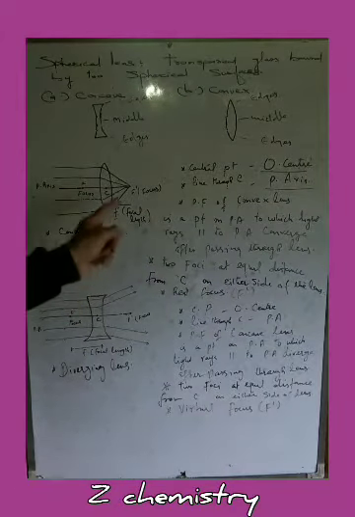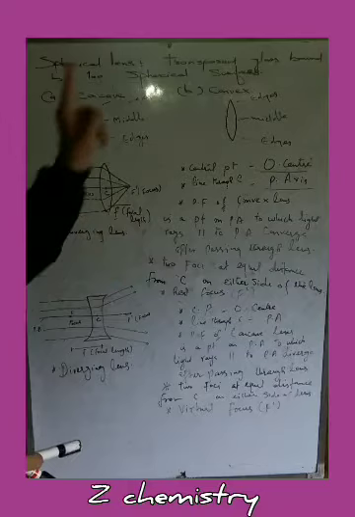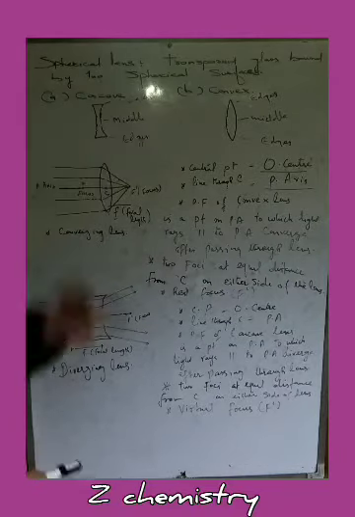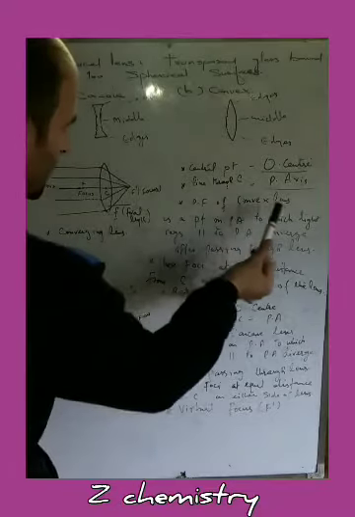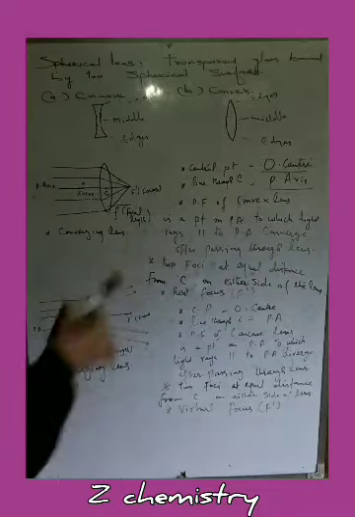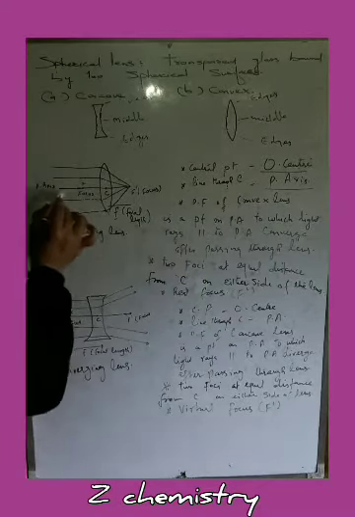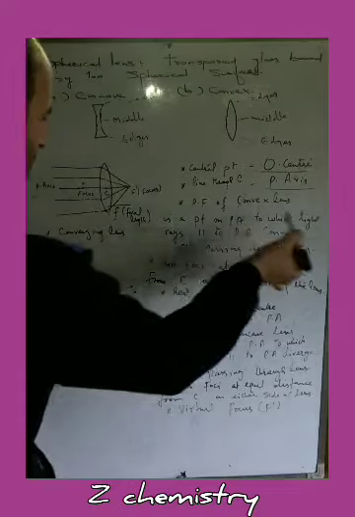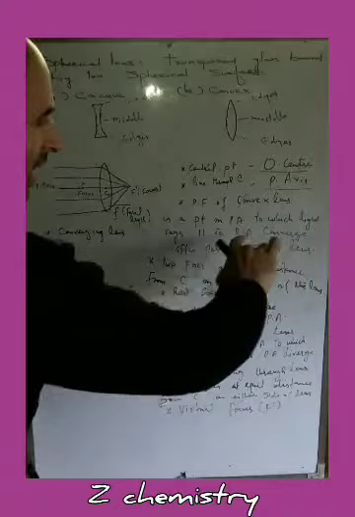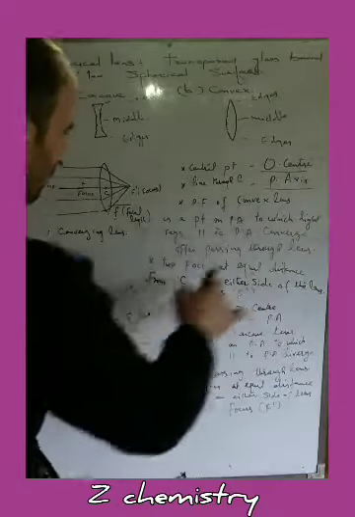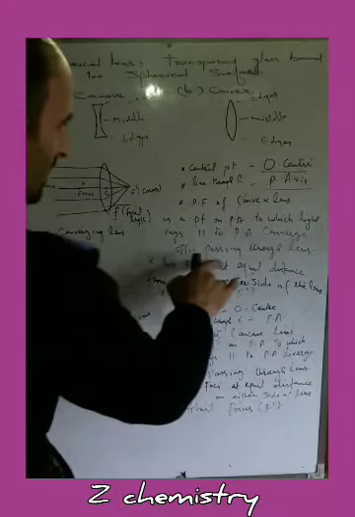That particular point is called the principal focus of the convex lens. Or we can state that the principal focus of a convex lens is a point on the principal axis to which light rays parallel to the principal axis converge or meet after passing through the lens.